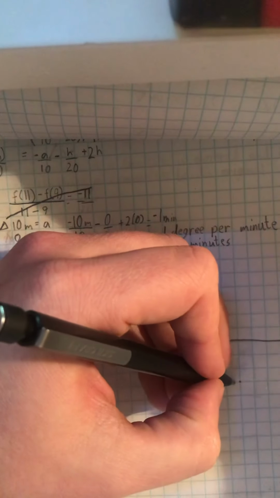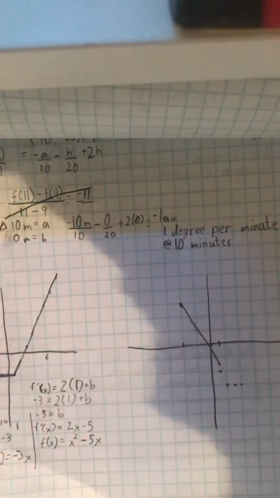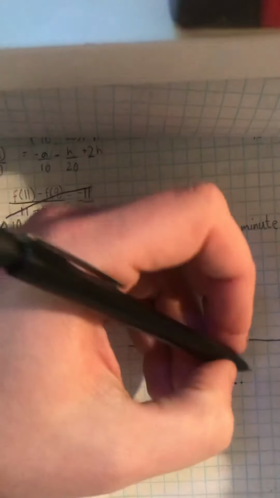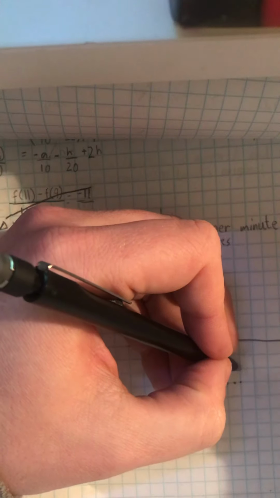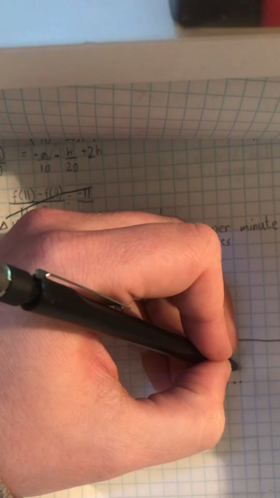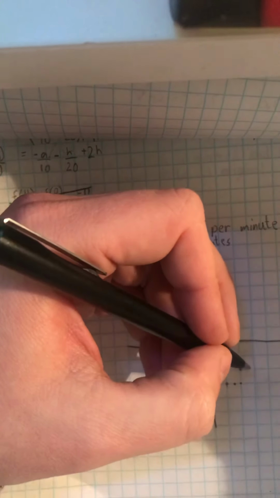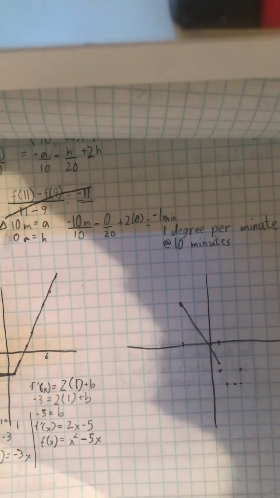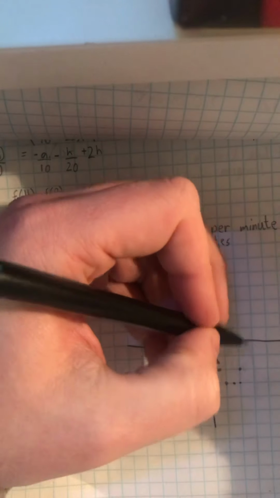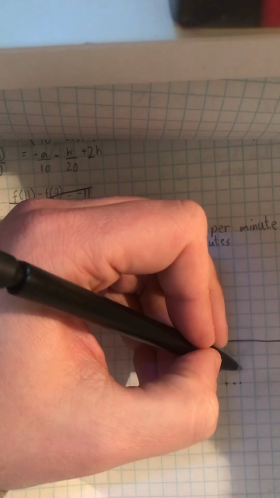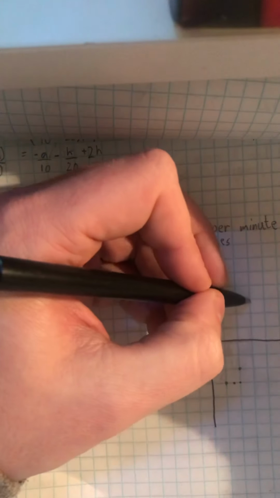At 4, -4. And at 6, we get 6. Well, that went up fast.